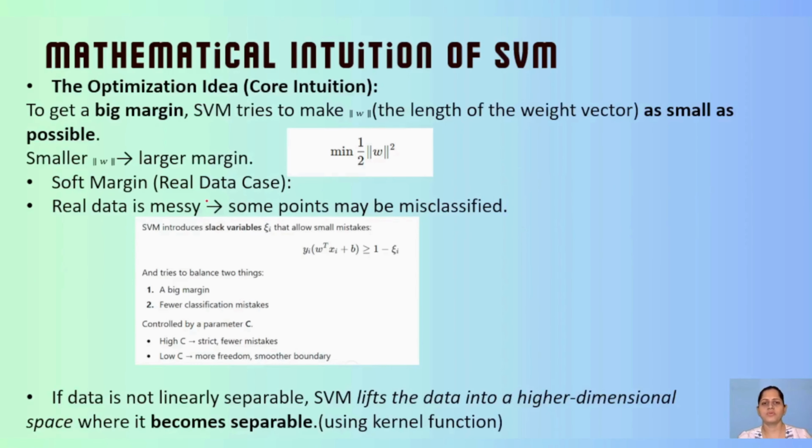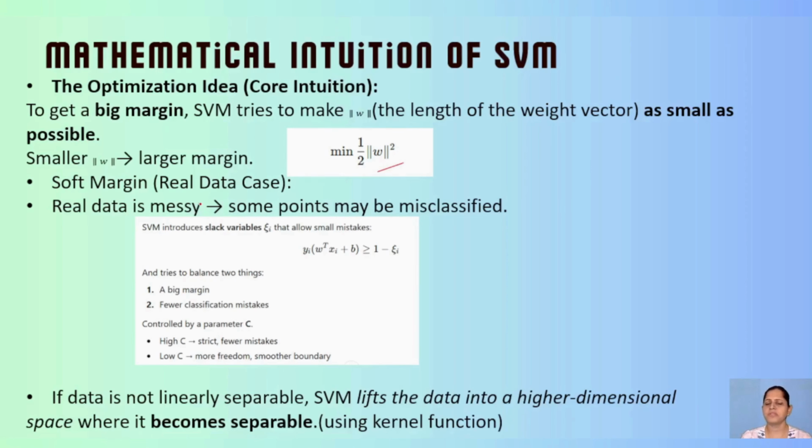Once we understood the hyperplane, the margin, and the mathematical intuition of how SVM works, we know that the bigger the margin is, the better the prediction is going to be. So to get that larger margin between those data points, the support vector machine is going to manipulate the length of the weight vector as much as possible, and this is the formula for that.